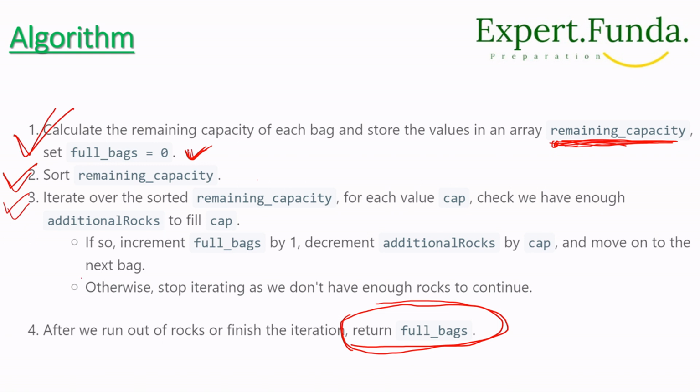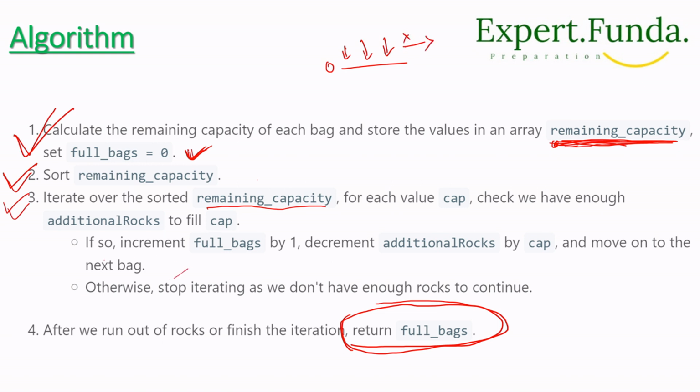So in the next step we have to sort the remaining capacity array, and then we will move to step 3. In step 3 we will iterate over the sorted remaining capacity. We will iterate from 0 to n, that we are traversing, right? For each value, for each capacity, we will check if we have enough additional rocks to fill. If the rocks are done, we don't need to move next, right?